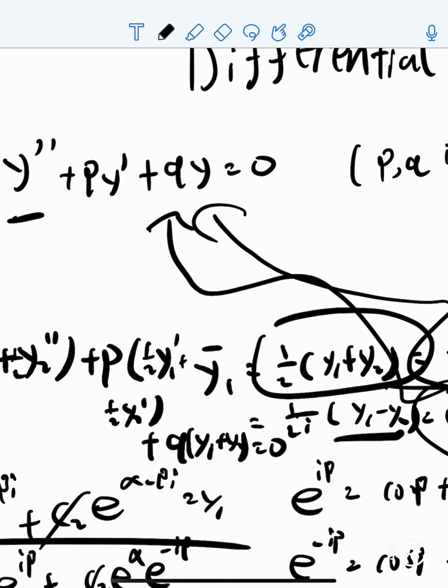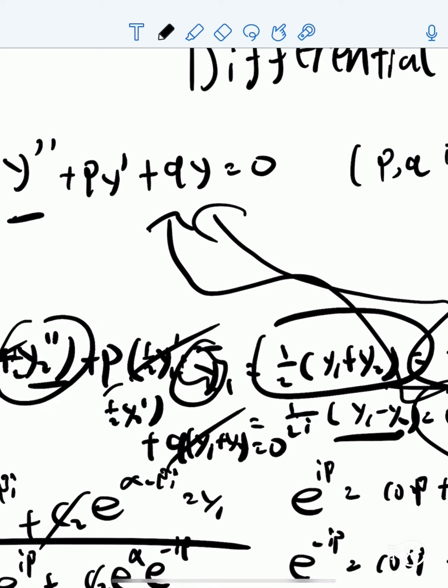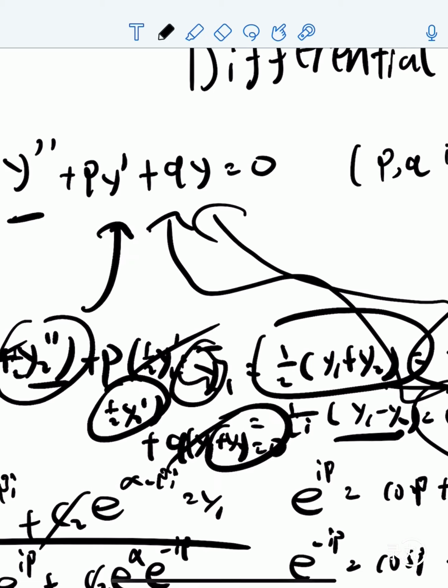For the y1 term, we know that it is a solution, so we can cancel this term out. For the y2 term, this also satisfies the equation above. So the combination of these two terms is also a solution for the equation above.